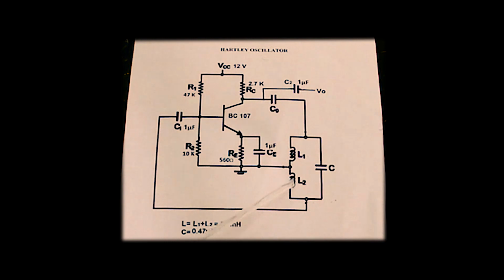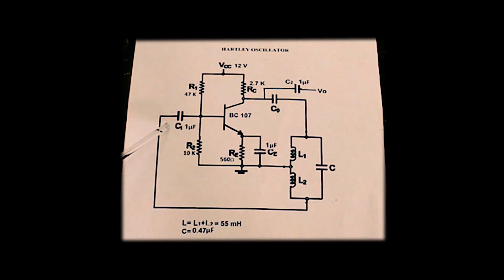The voltage across L2 is fed back to the base of the transistor through the coupling capacitor C1. The transistor amplifies and produces itself a 180 degree phase shift.